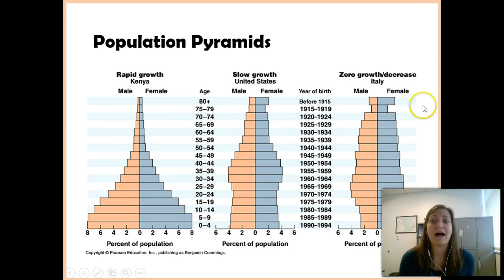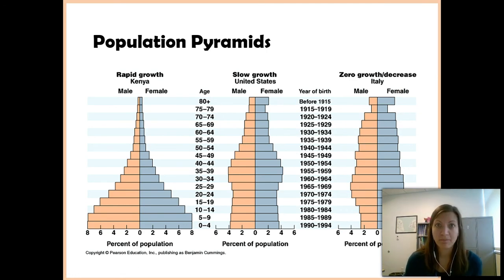Then you also have countries that have no growth or are even declining. Italy is a great example, and Japan has recently been in the news a lot more. For the environment, that's kind of a good thing: fewer people means fewer resources. Socially, there are actually quite a lot of issues, and there's a video you'll watch that explores them.